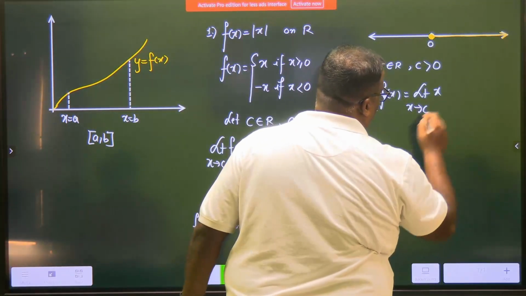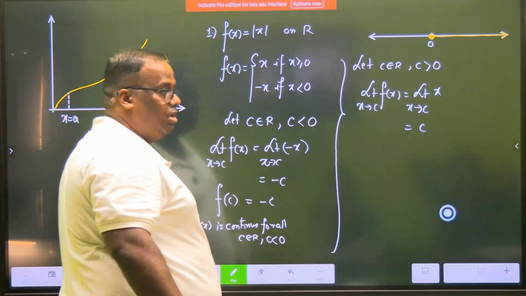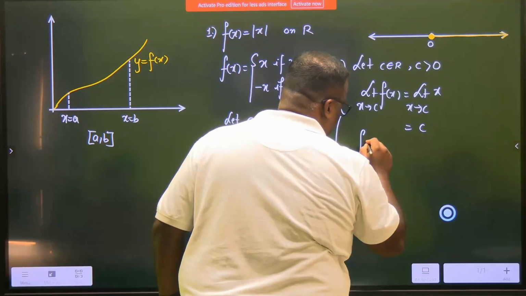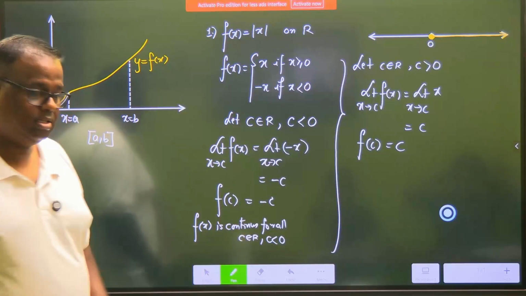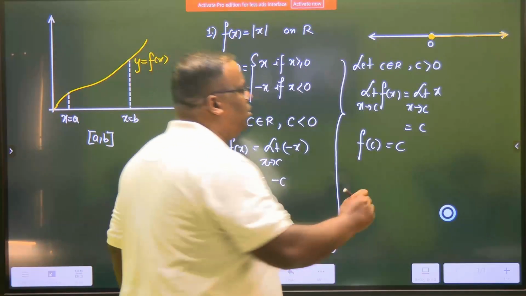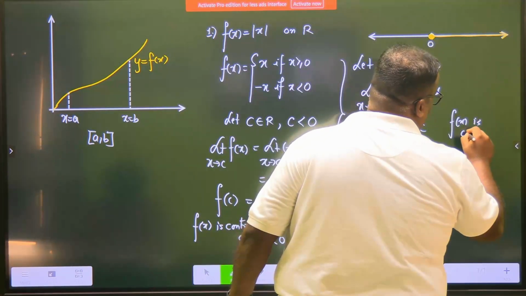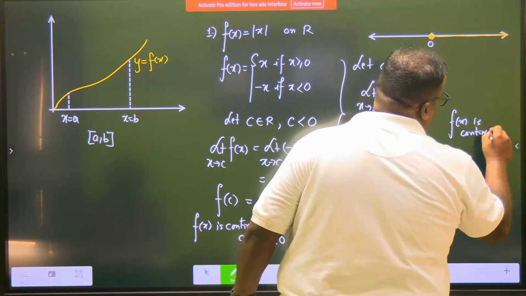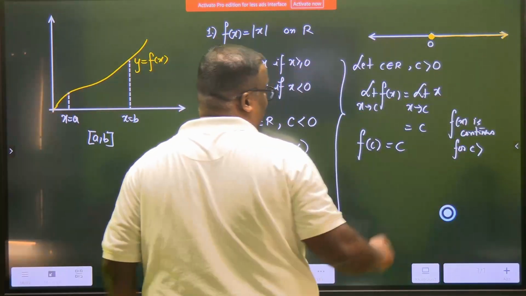So what do you get this value as? c. And what do you find for f of c? c. So the function f of x is continuous for c. This is the maximum descriptive that you can be.